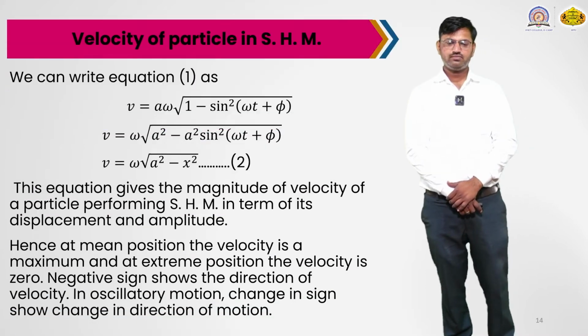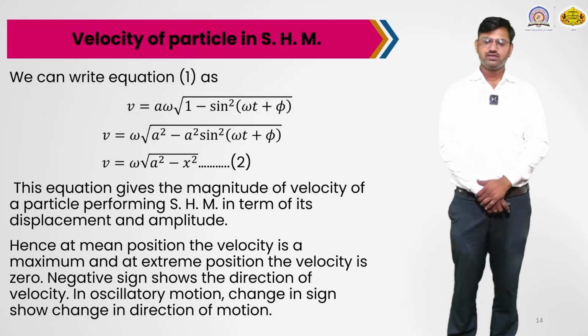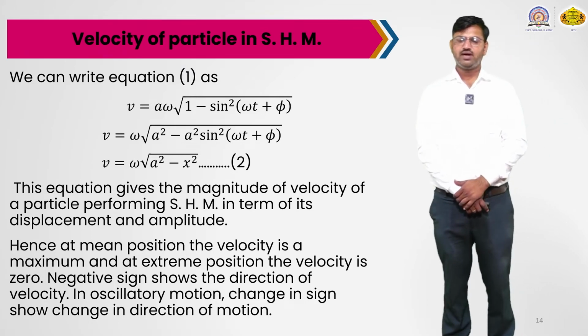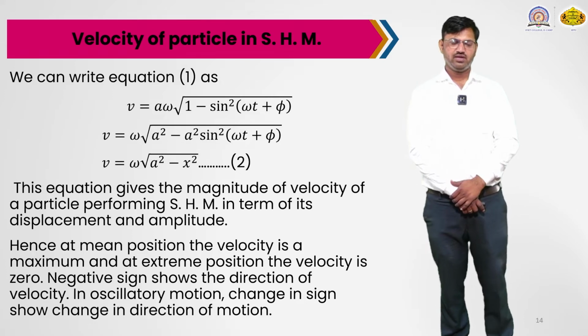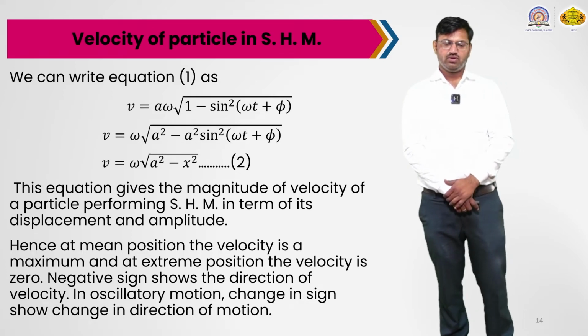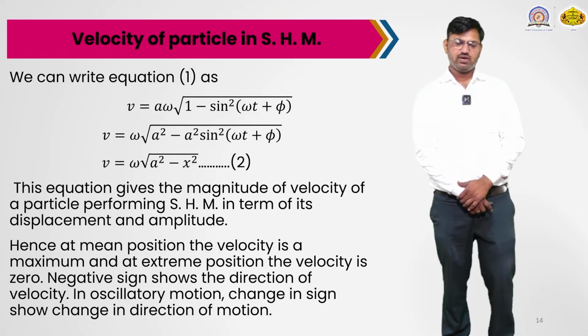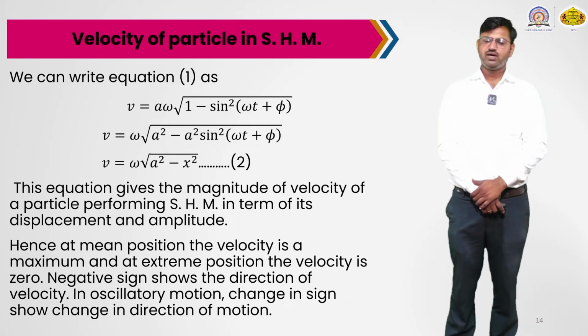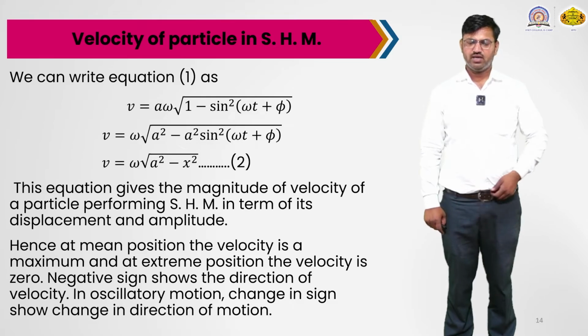we can write the equation as v is equal to a omega under root 1 minus sin square(omega t plus phi). v is equal to omega under root a square minus a square sin square(omega t plus phi). v is equal to omega under root a square minus x square.